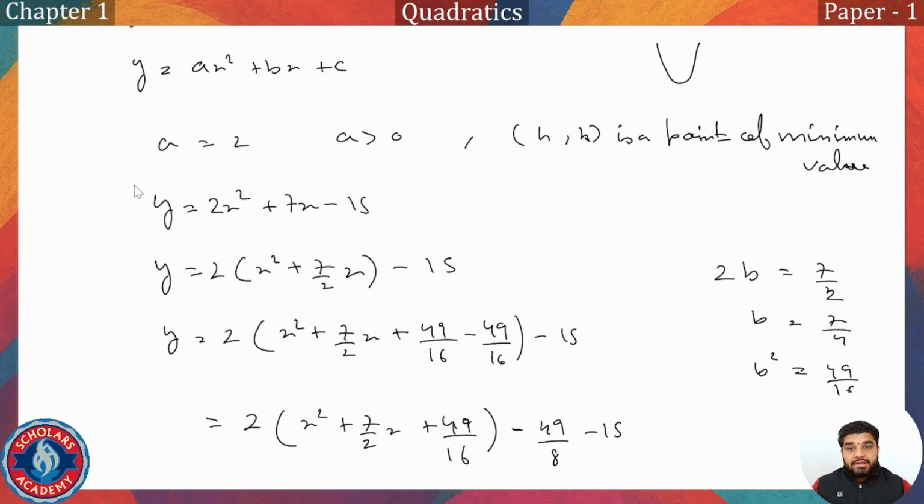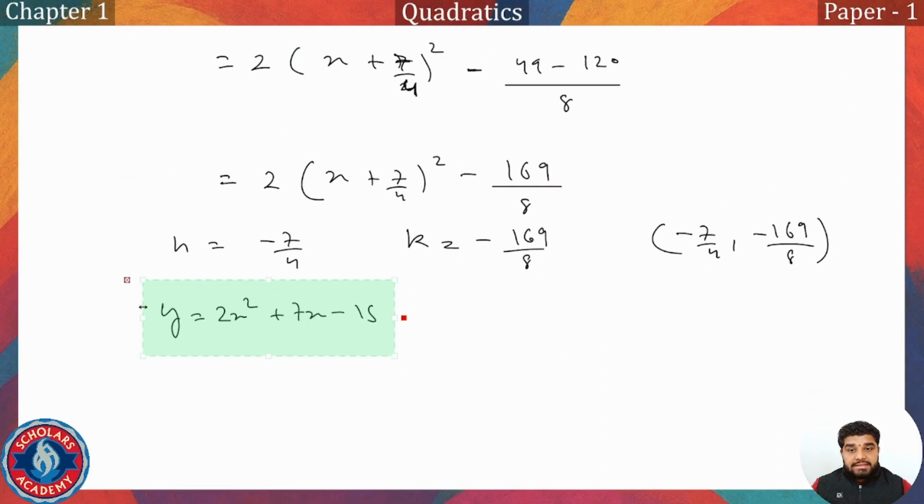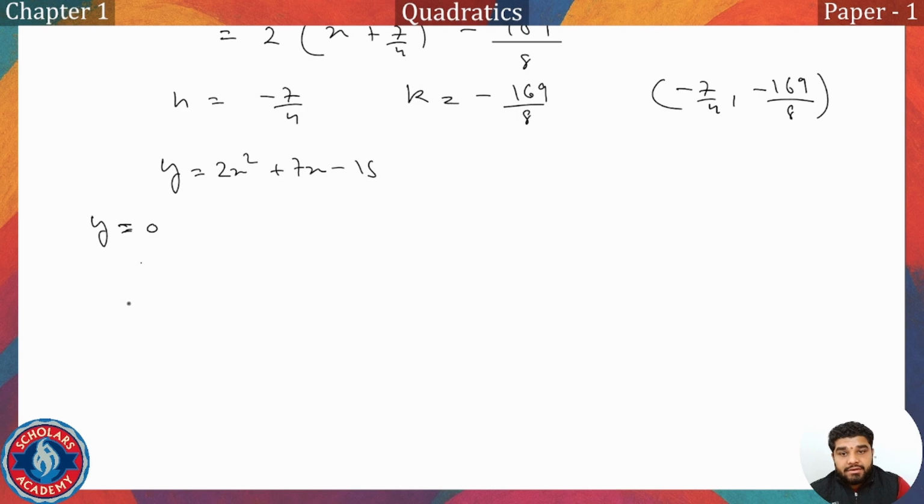So let's bring our equation. To find intersecting points with the x-axis, we'll take the intersection of y is equal to 0 and the curve. So y is equal to 0. When we substitute this in the curve, we get 2x square plus 7x minus 15 is equal to 0. So from here, if I check, the product is negative 30, sum is 7. So for that, we can write it as 2x square plus 10x minus 3x minus 15 is equal to 0.